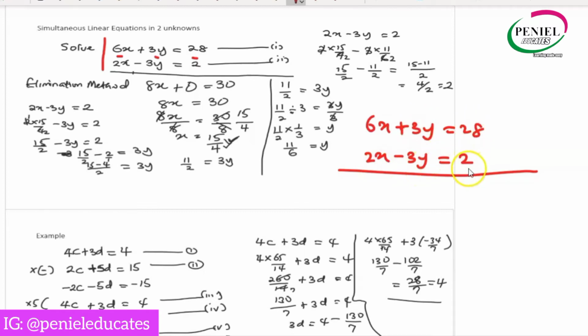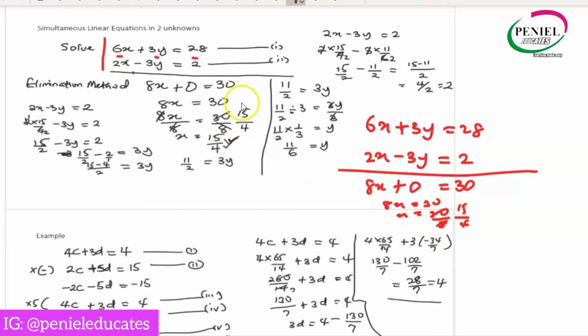So 6x plus 2x gives me 8x, and plus 3y minus 3y is going to give me 0. Then 28 plus 2 is going to give me 30. So 8x will be 30, and my x will be 30 over 8, which is 15 over 4.